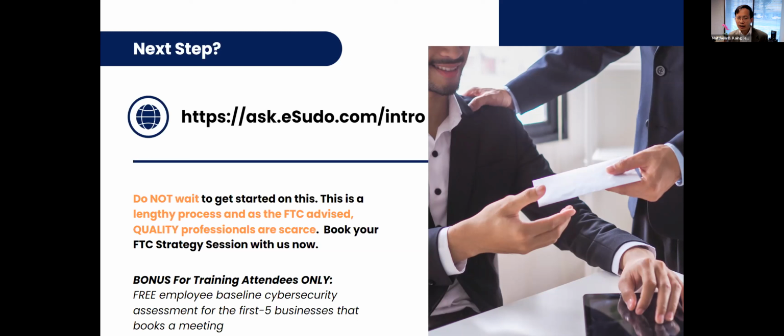And so with tax season and everything, it's a very short time for us to even get started, especially if you're waiting until after tax season. We have a lot of businesses that are dealing with this. So it's important that you have a plan in place. It takes 4 to 6 months, depending on what we find during the assessment. That's the reality. We don't know, but it can take 4 to 6 months.